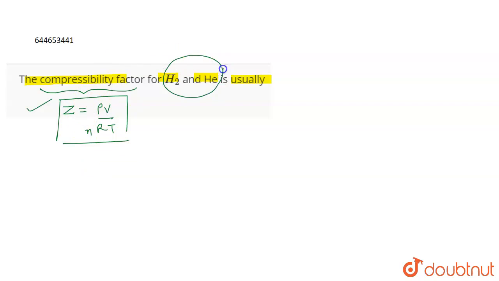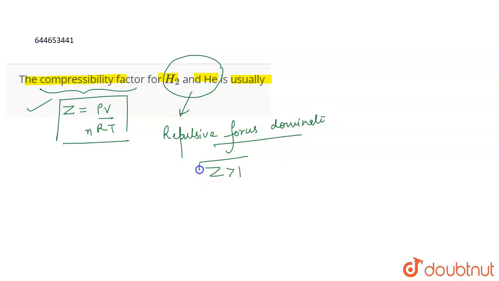Now, if we talk about H2 and helium, the repulsive forces dominate, right? And when the repulsive forces dominate, the compressibility factor becomes greater than 1. When attractive forces dominate, the compressibility factor is less than 1.